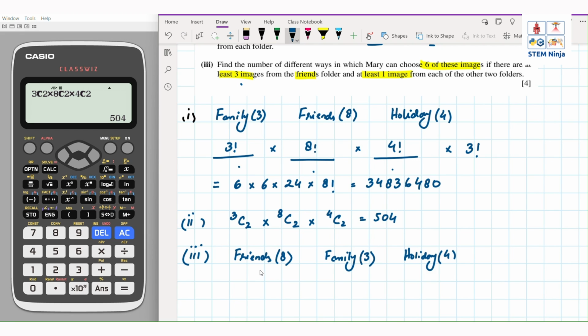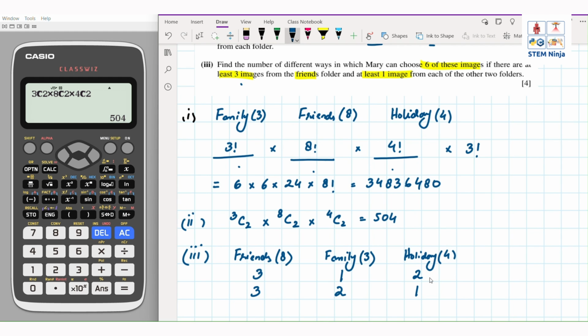So let's go with the easiest one. Let's say we have 3 friends and 1 from family, and the rest can come from holiday, 2. Similarly, if 3 from friends, but 2 from family, 1 from holiday, 6 total.